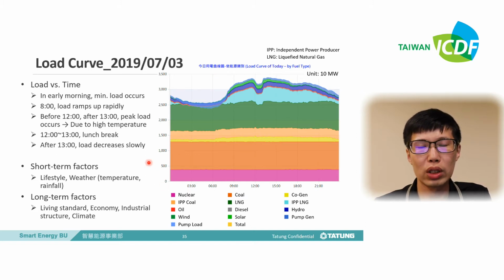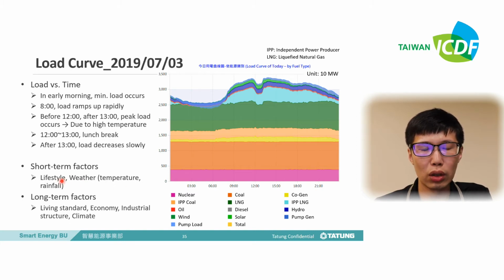And what factors will affect the load? In the short term, it will be affected by the lifestyle and the weather. Just like this example, when people sleep, the load will decrease. And when people go to work, the load will increase very rapidly. And if the weather is hot, then people will turn on the air conditioner, and the load will be high.